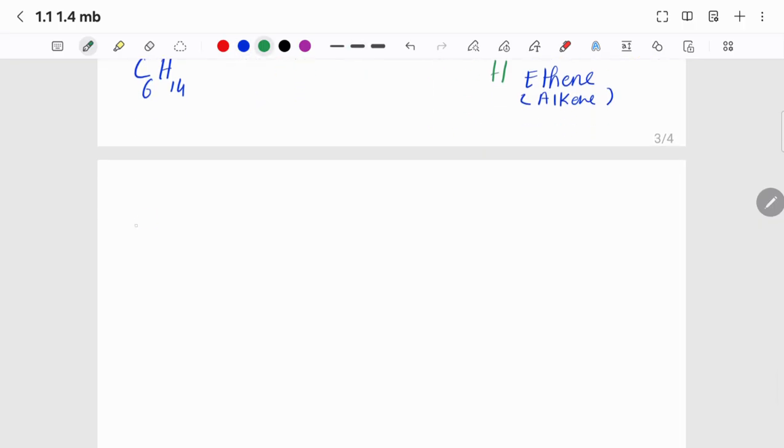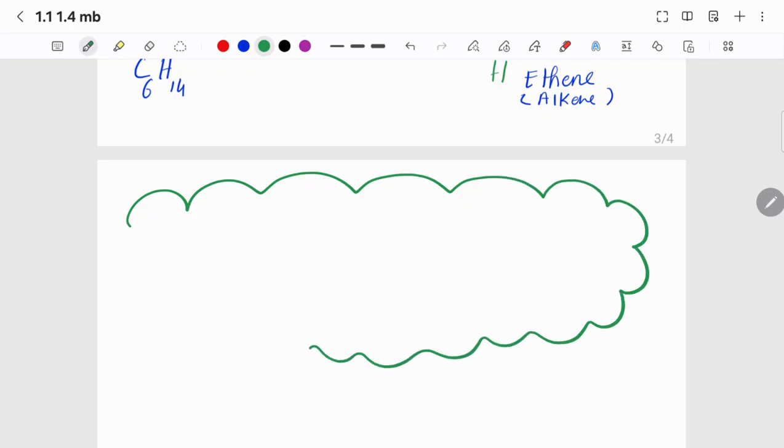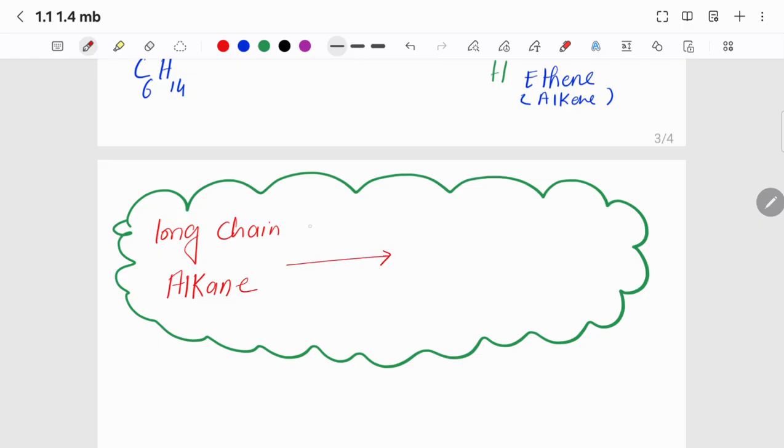So from this discussion we conclude another type of equation for cracking: a long chain alkane upon cracking can be converted into a mixture of different alkenes.